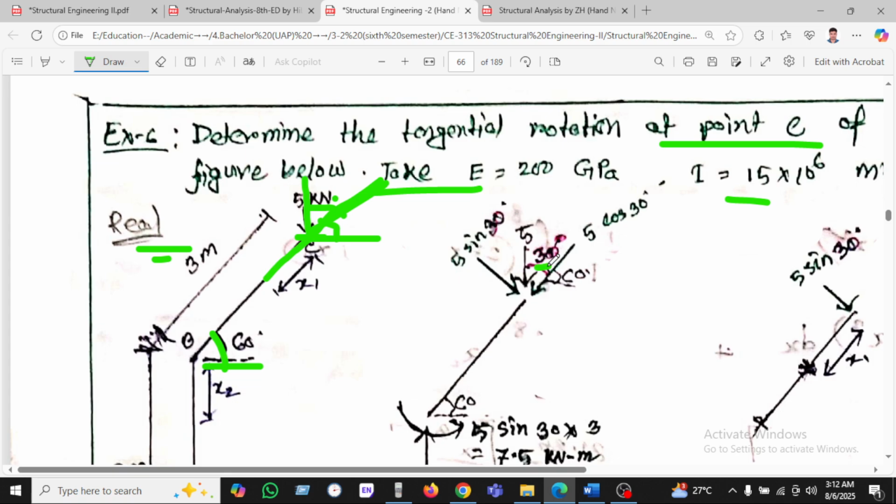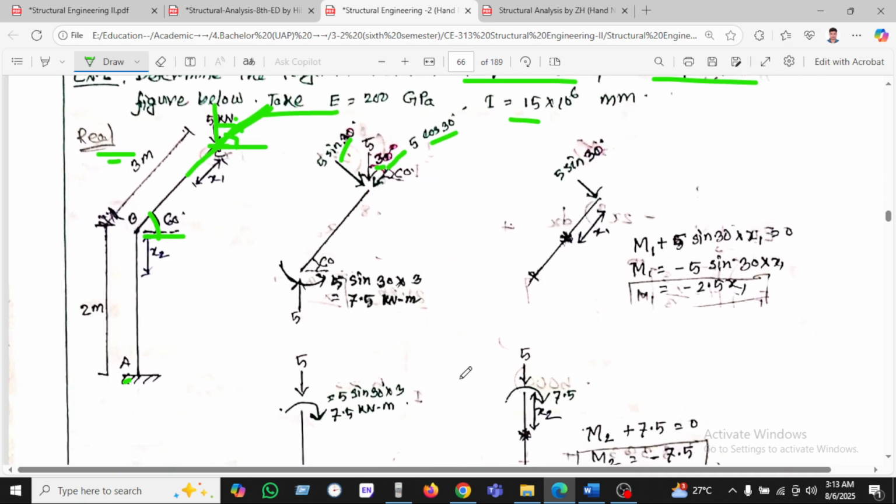So that is why it is 30. So the load will be at this angle, what we call theta. So that is why it will be cos theta, and the other one will be sin theta. Okay, now we are calculating here.